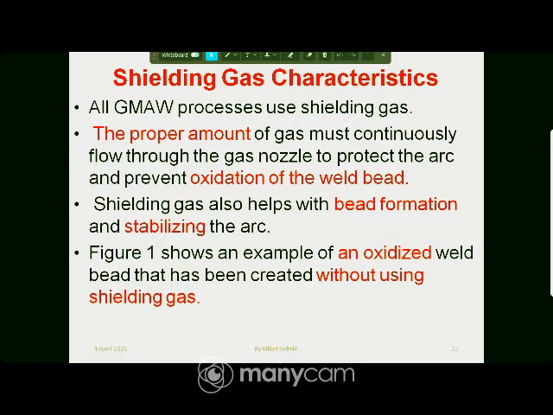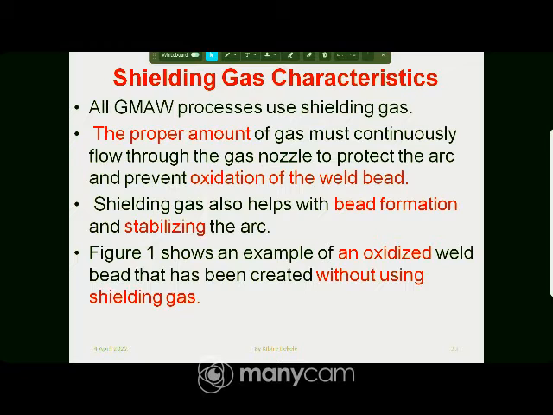Another is the shielding gas. We need to know the properties or characteristics of shielding gas. So we have different shielding gases.